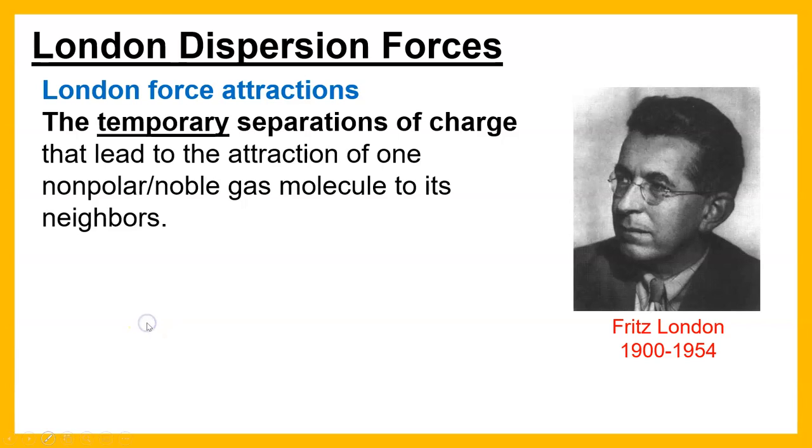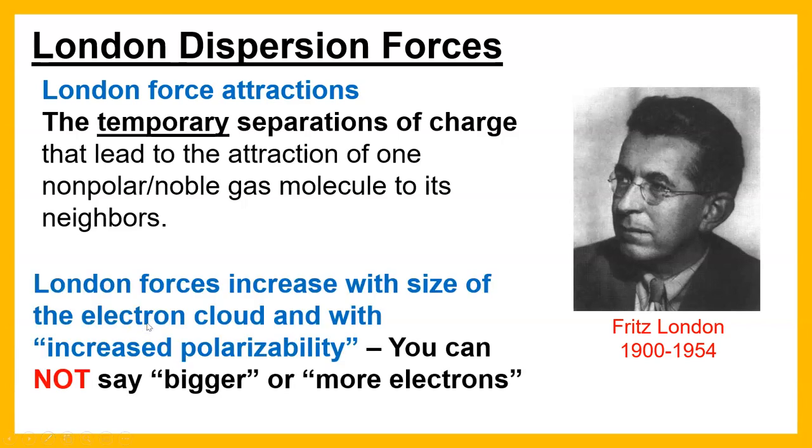You have to say that the size, the magnitude, the amount of London forces increase with the size of the electron cloud and with, quote, increased polarizability. You cannot say that London force increases as it gets bigger. You cannot say London force increases as you get more electrons. That will not get you any points.